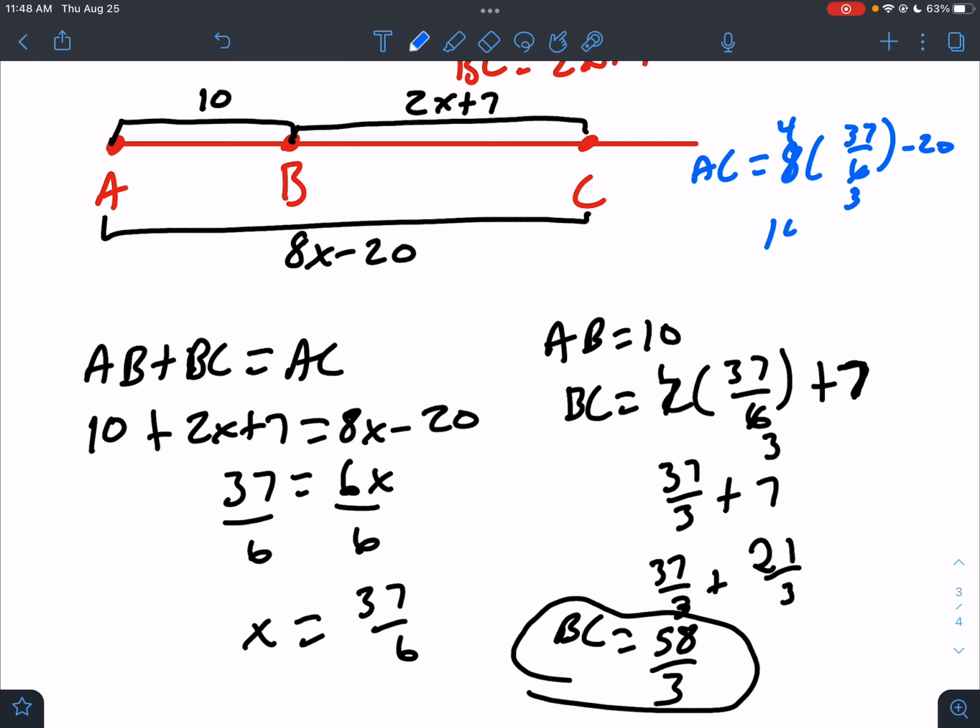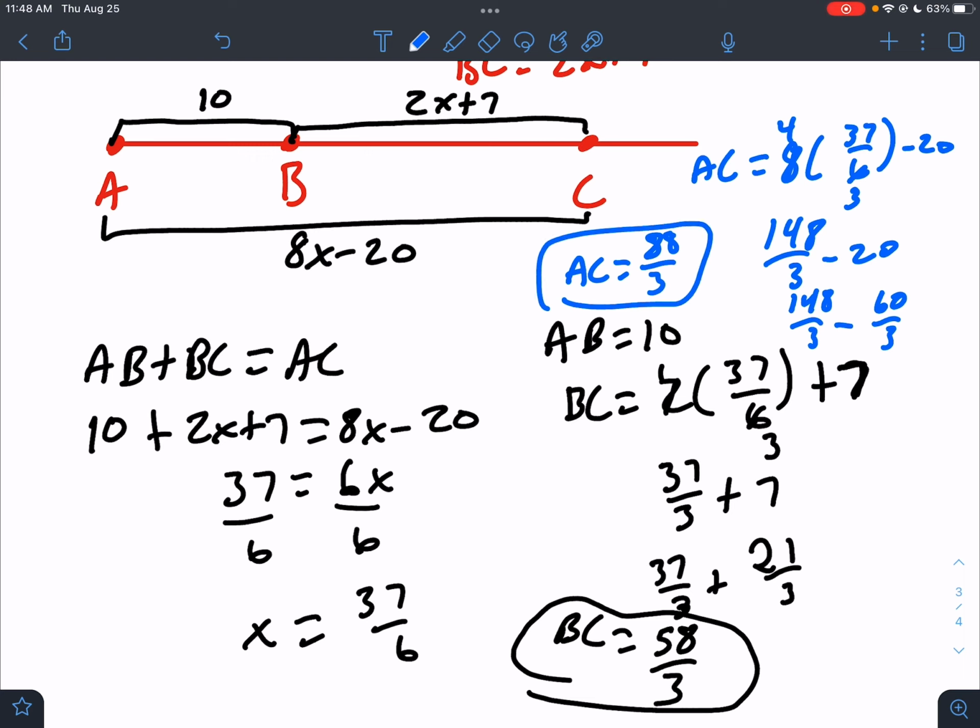Be 148 over 3 minus 20, which is 148 over 3. 20 times 3 is 60, so it'd be 60 thirds. Minus 48 minus 12 would be 88 thirds. So kind of running out of room, but AC would equal 88 thirds.